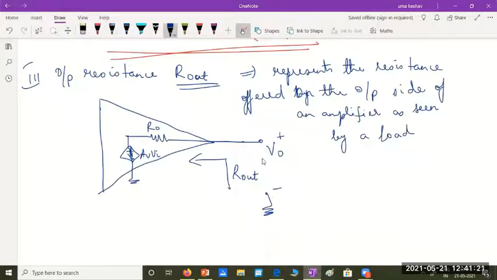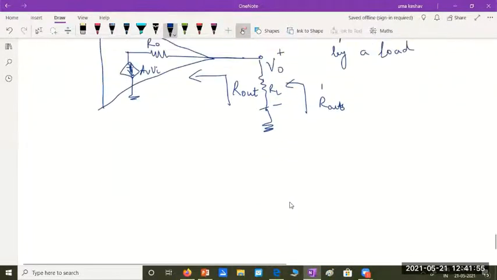So if I have a load resistance here, as seen by this load resistance, before the load resistance, I should find the output impedance or the output resistance of the amplifier. So remember, whenever I find the output resistance, I'll actually find two values: output resistance without the load, that is the main one, and after including load, what happens to the output resistance, that is a secondary one. Usually this represents the output resistance.